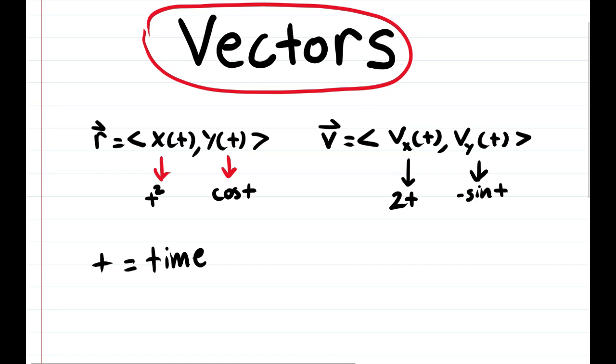And how do I know this? Well, a very important rule of vectors is that if you want to differentiate one, you can just differentiate each separate component, and it works. So over here, you can go from a position vector to a velocity vector by deriving it. Deriving with respect to time, d dt.